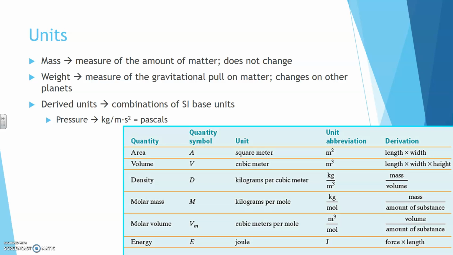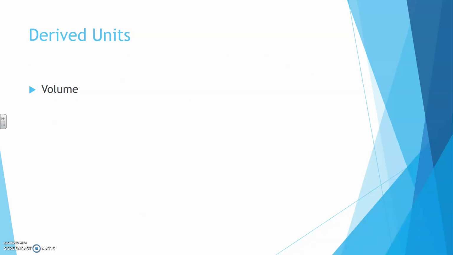So this is kind of like a double derived unit, because your volume unit, meters cubed, is derived, and then when you put it together with the kilograms, you get another derived unit, kilograms per meter cubed. And we'll get into the other ones later, so we don't need to work on that just yet.